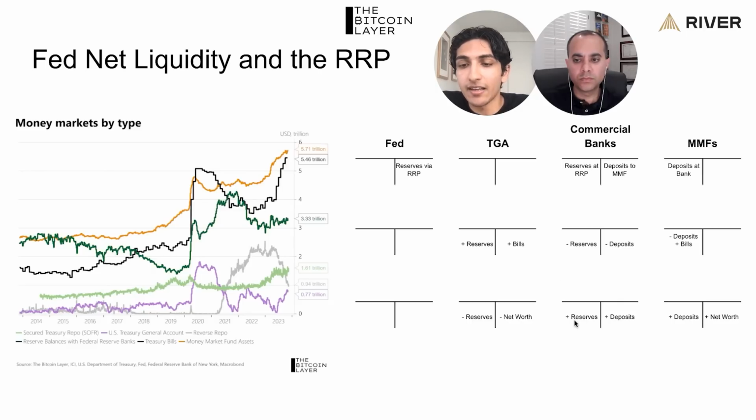They're just sitting at the banks as any reserve balance would. So what that showed up as is essentially the reserves at the reverse repo drawing down and showing up on commercial bank balance sheets. And that's why Fed net liquidity has been rising. So that's one additional nuance on how the RRP fits into this whole framework.